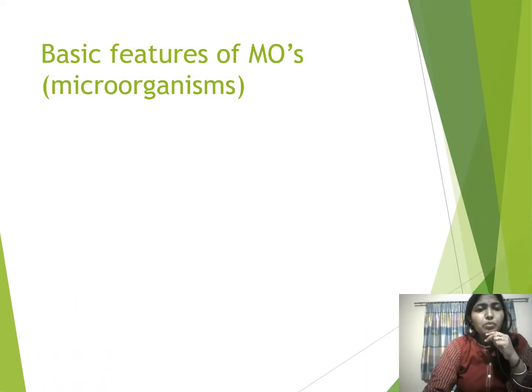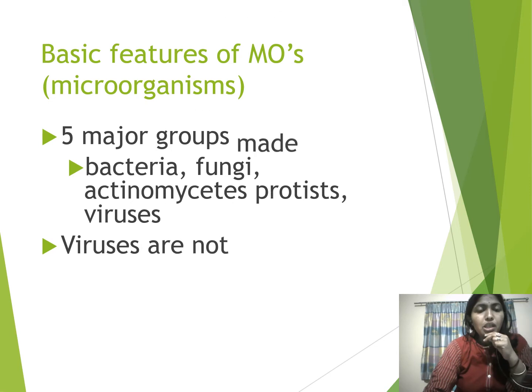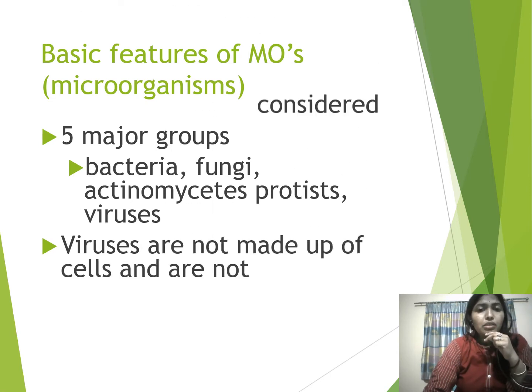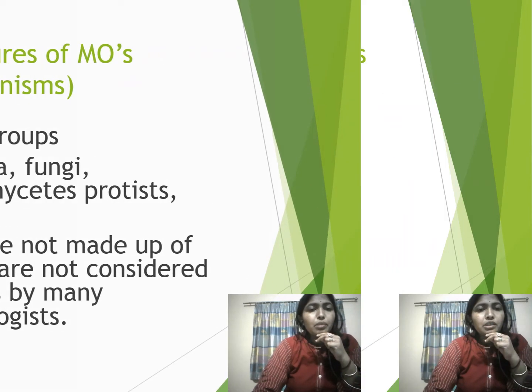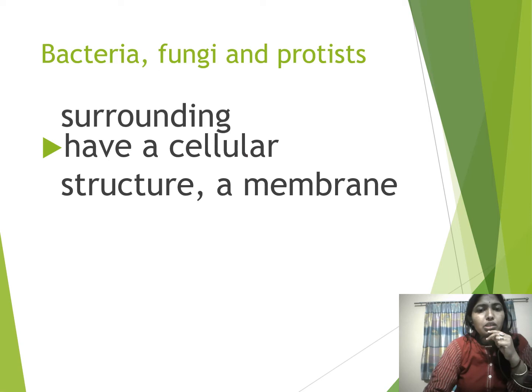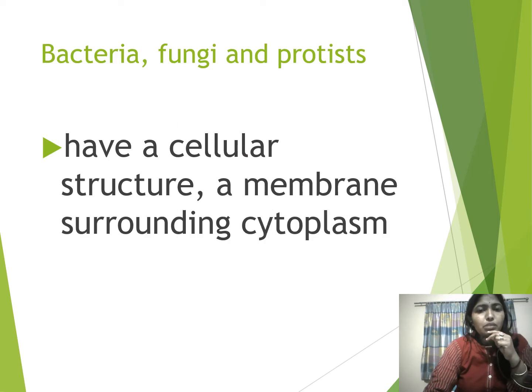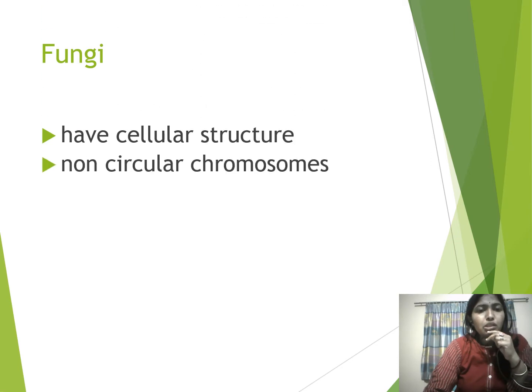The basic features of microorganisms: 5 major groups are bacteria, fungi, actinomycetes, protists, and viruses. Algae are also there. Viruses are not made up of cells and are considered microorganisms by many. Bacteria, fungi, and protists have a cellular structure, with a membrane surrounding the cytoplasm. Fungi have a cellular structure and non-circular chromosomes.